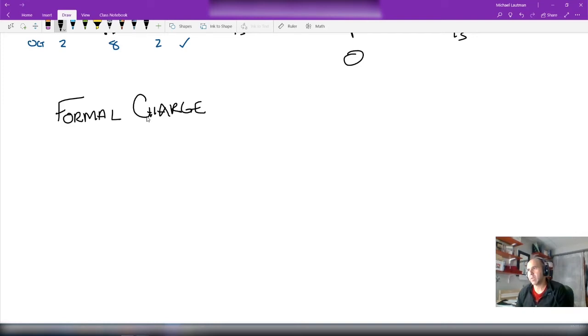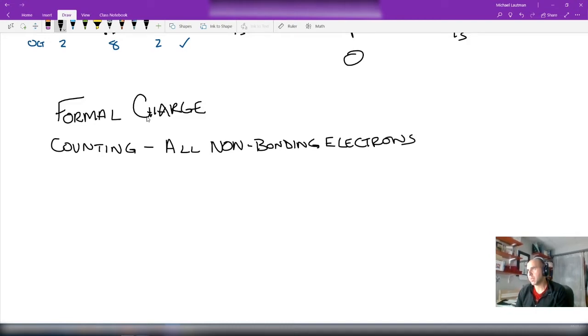So, for example, the way we count for formal charges is a little bit different. We count, again, all the non-bonding electrons. But then we only count one electron from each bond.